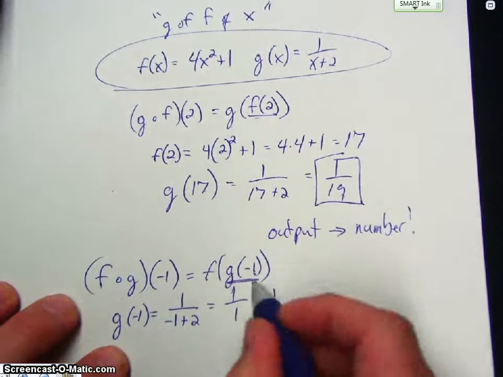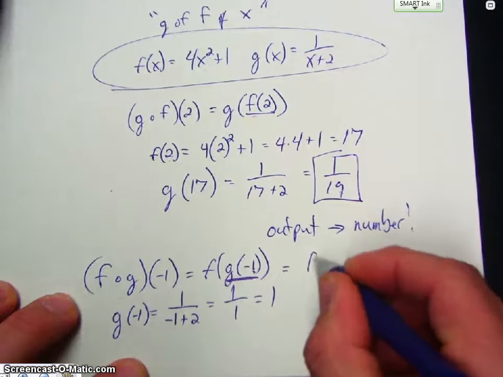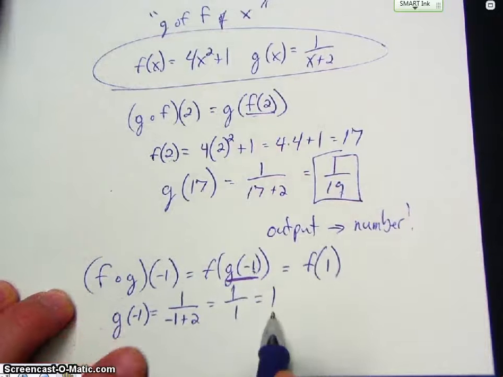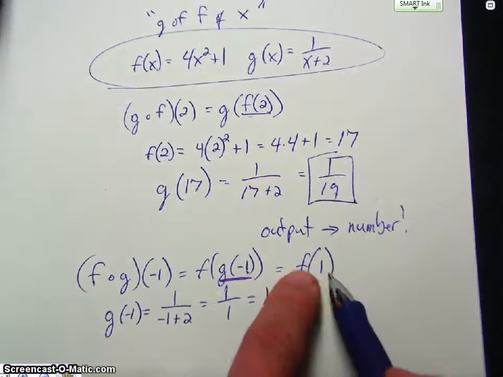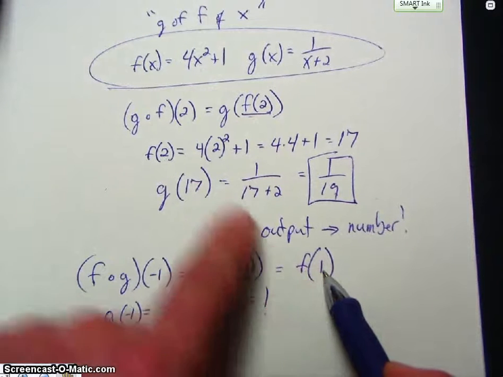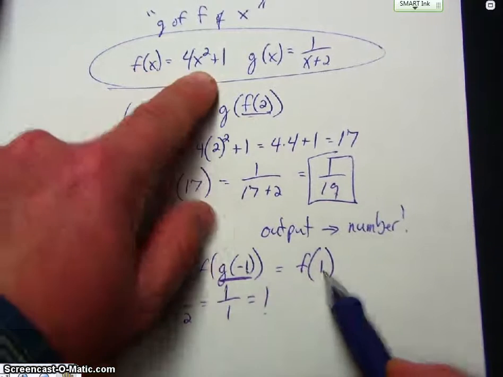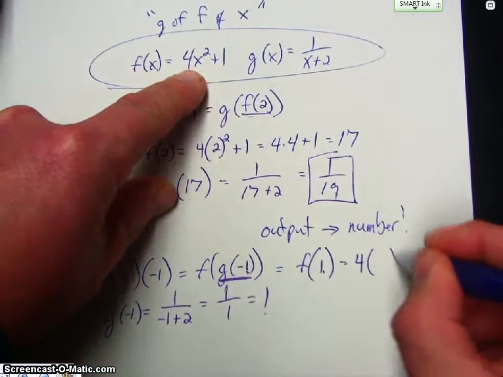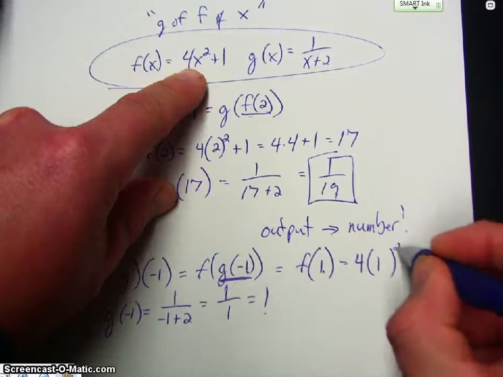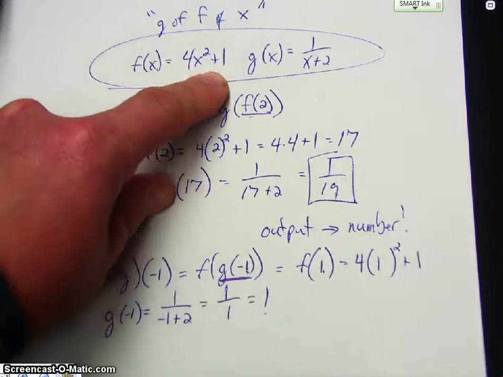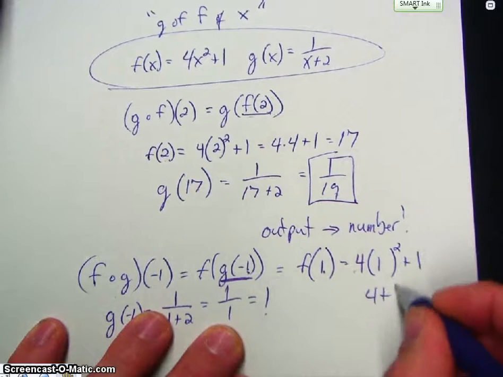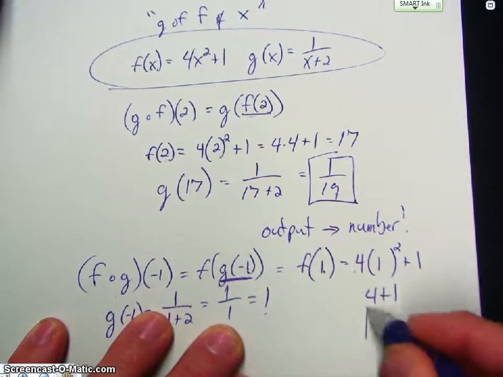So this now becomes f of 1, because g of negative 1 gives me 1. Now I'm taking the number input 1 and plugging it into the function f. This becomes 4 times 1 squared plus 1. 1 squared is 1, 4 times 1 is 4, so therefore I get 5.